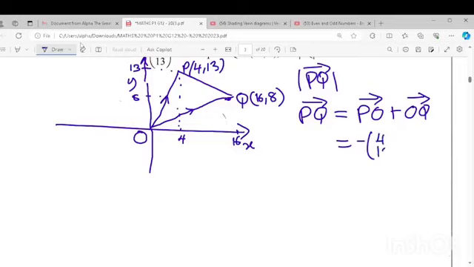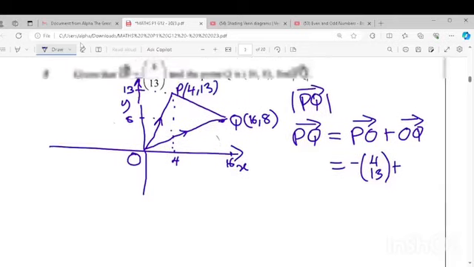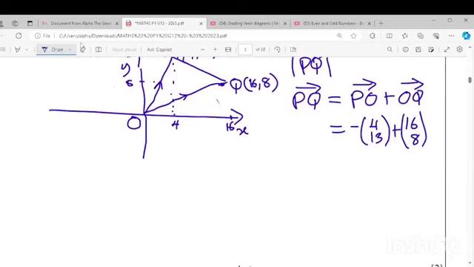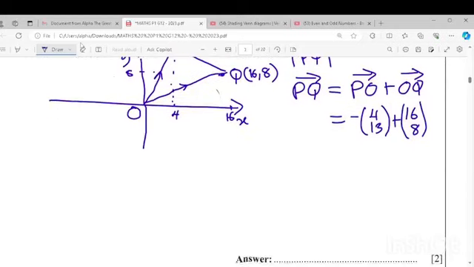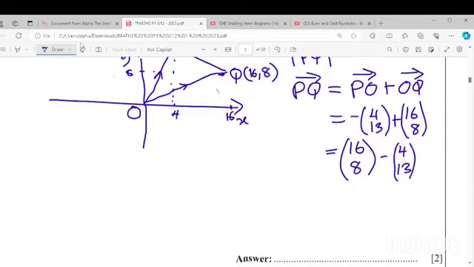Negative (4, 13). Then plus OQ. OQ is (16, 8). It's positive because you are going along with the direction. So at this stage, you can actually write (16, 8) minus (4, 13), like this.